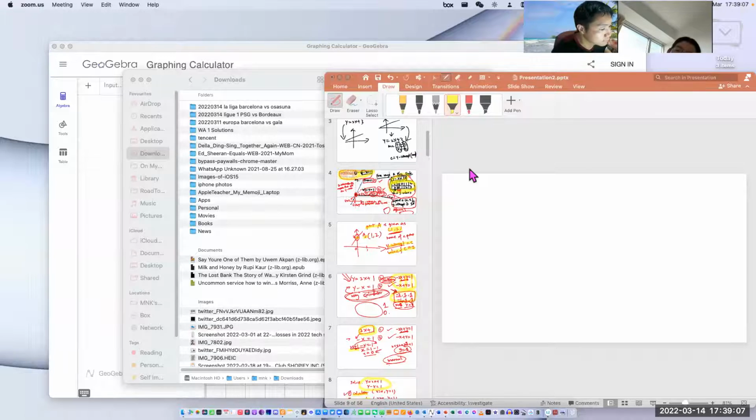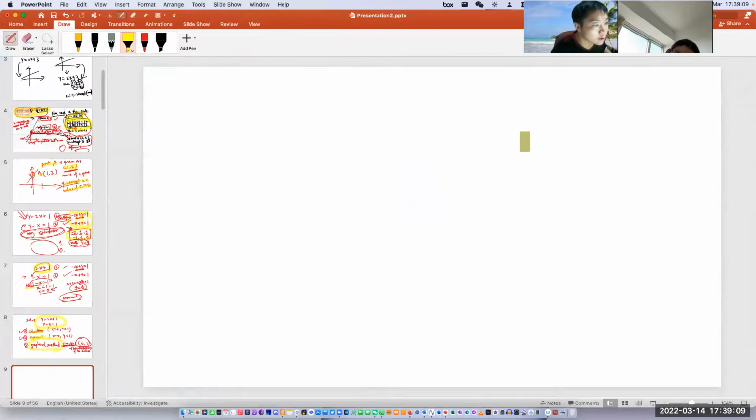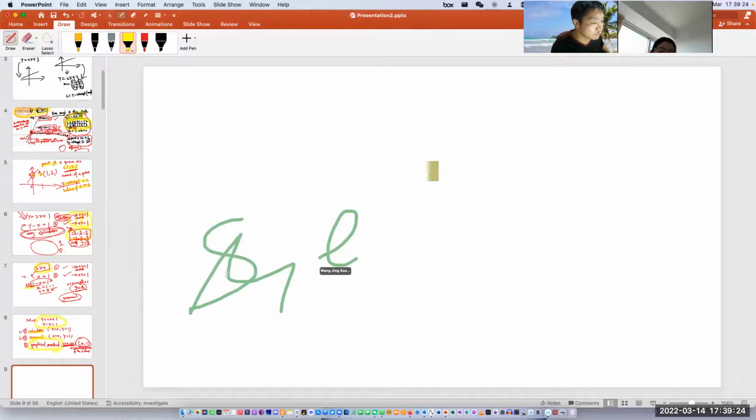What are you learning in your school? Which topic? Algebra. Good. Is it easy for you? Factorization, expansion, or which concept of algebra? Can you explain by writing using the camera?